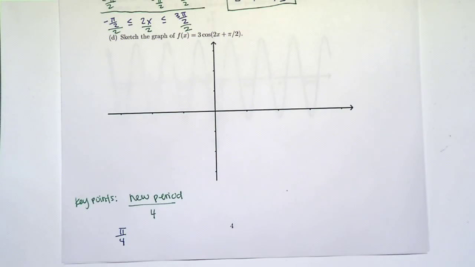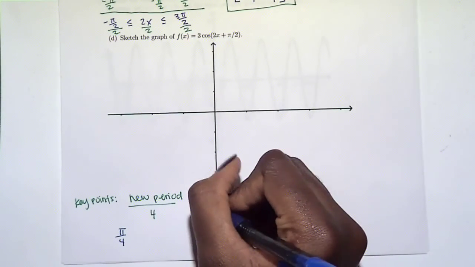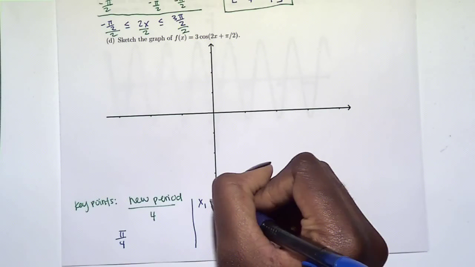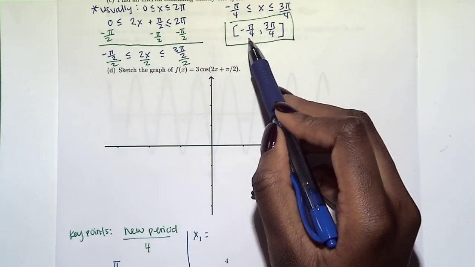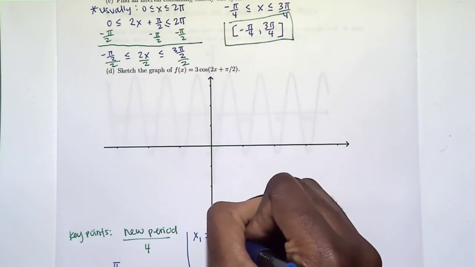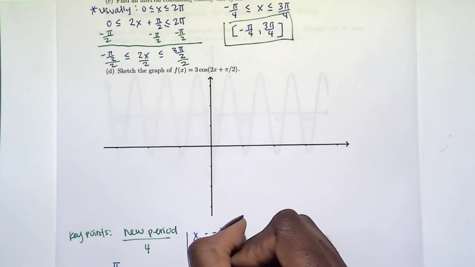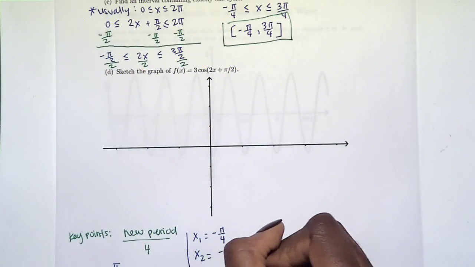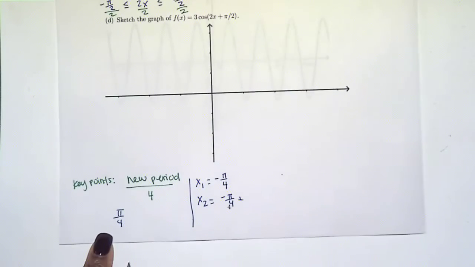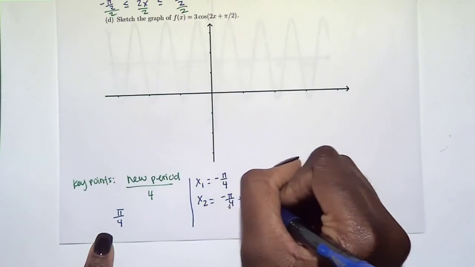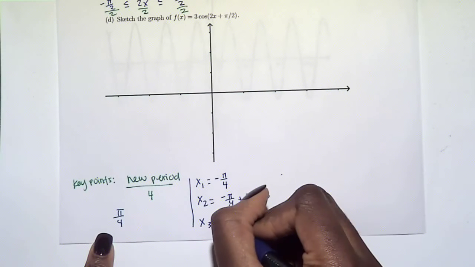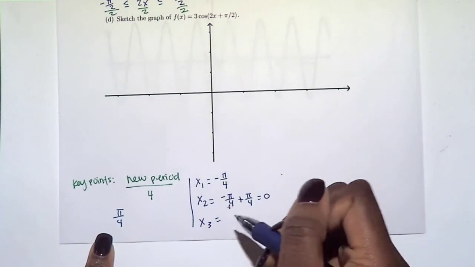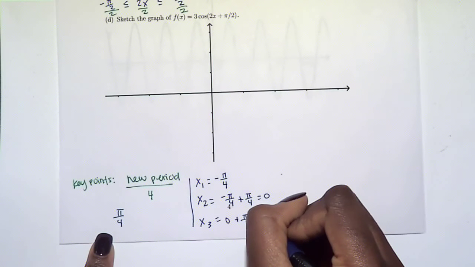So to get our key points, first x value is always the first x value in our interval, negative pi over 4. The second one, negative pi over 4 plus the thing we're adding. So that's going to give us 0. Third x value, that would be 0 plus pi over 4.